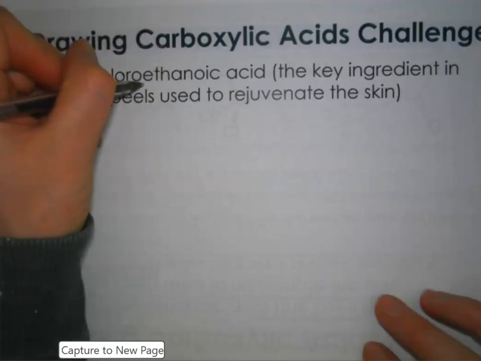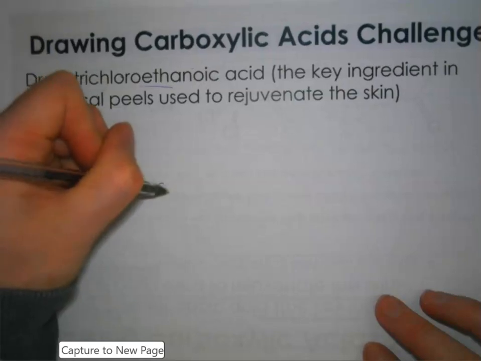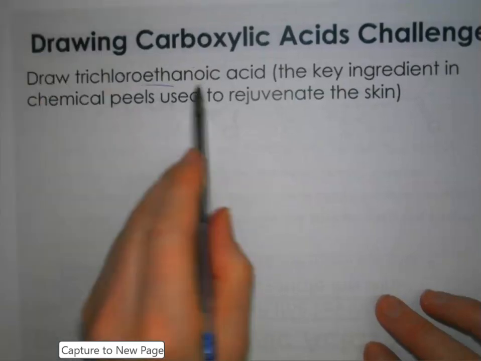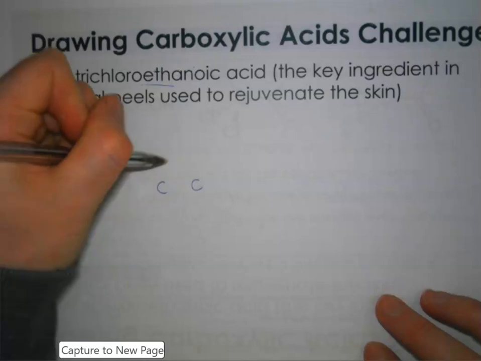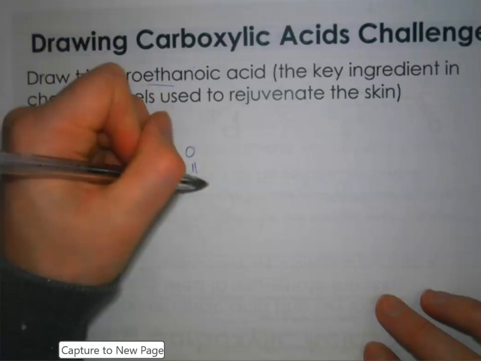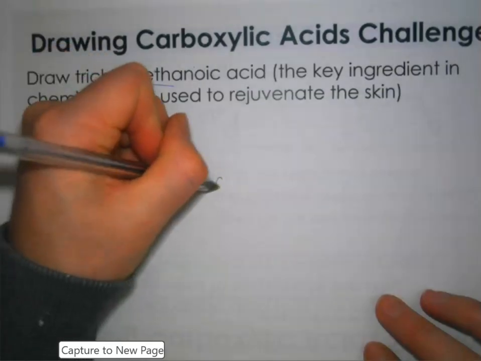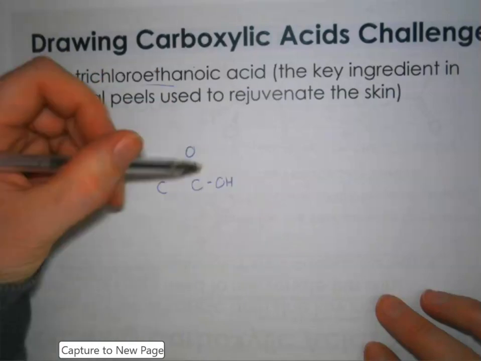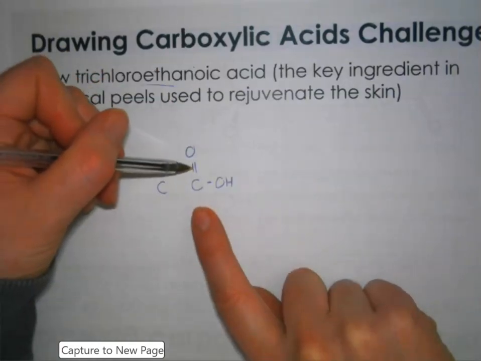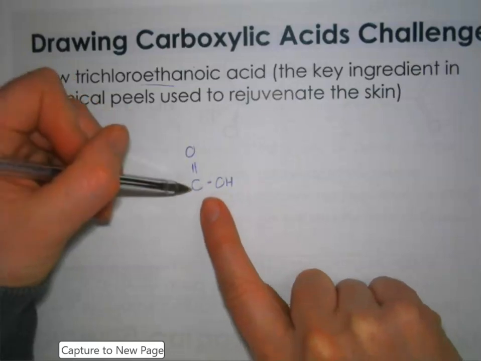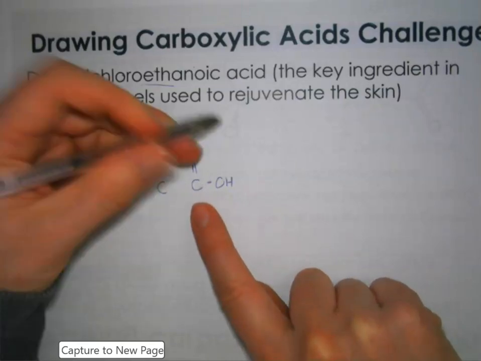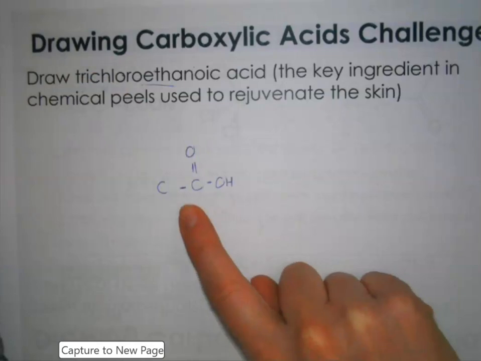So let's start out. We know that eth means there's going to be 2 carbons, and anoic acid means one of them is going to have, let's do it on this side this time, a double bonded oxygen and that hydroxyl group. So this carbon now has 1, 2, 3 bonds. We know there has to be a second carbon in the chain, so that's its 4th bond.